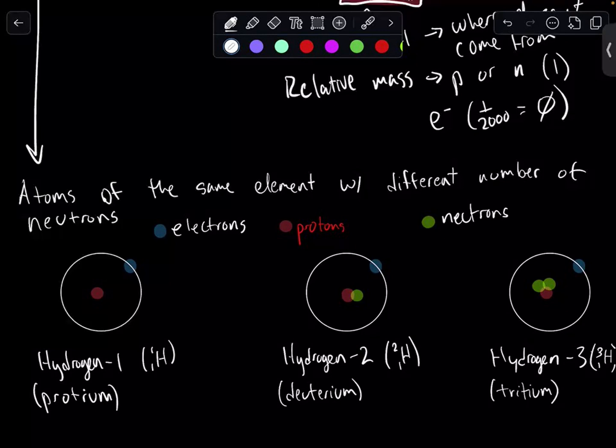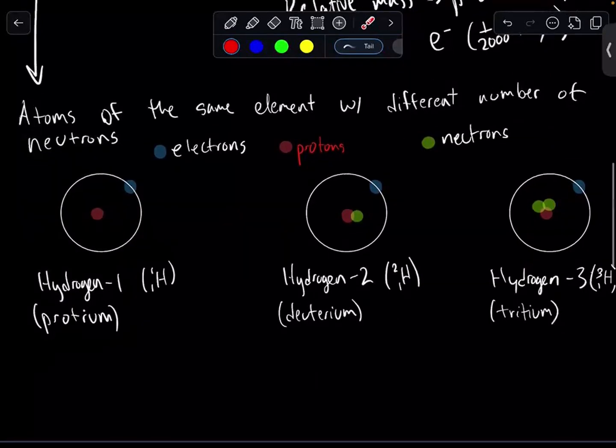So we notice with these that we have 1 proton, 1 electron, 1 proton, 1 electron, 1 proton, 1 electron. So they're the same element and they have the same neutral charge of 0. But here we have no neutrons, 1 neutron, and 2 neutrons. So these are different isotopes of hydrogen.